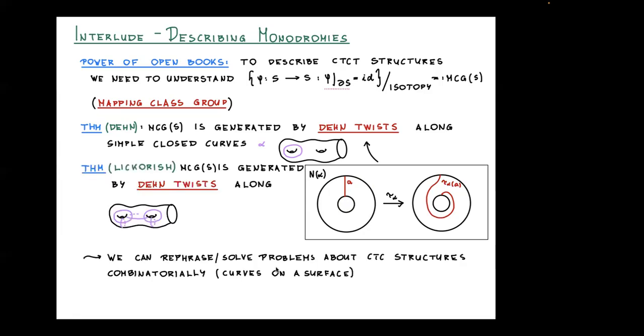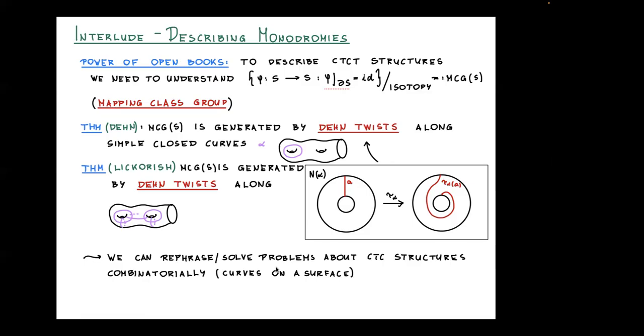In fact, Lickorish also tells you that you don't need to consider all the Dehn twists if you don't want to. It's enough to consider a Dehn twist along these simple curves which I've drawn here. So it looks like sort of a basis for the surface. And as I said, this makes it very combinatorial to work with mapping class groups.